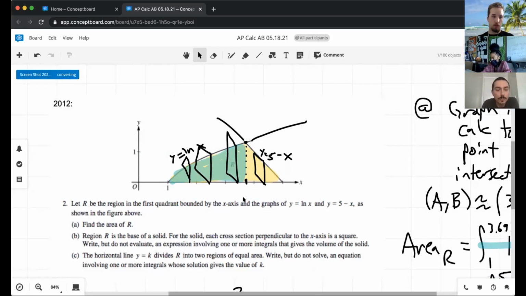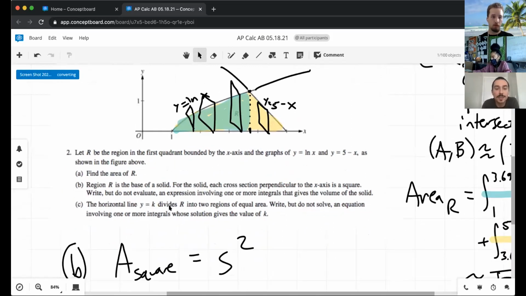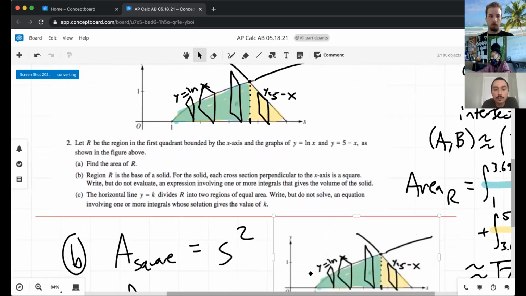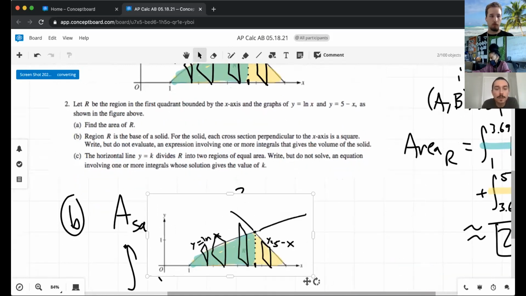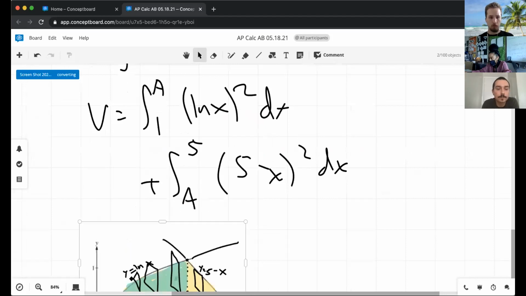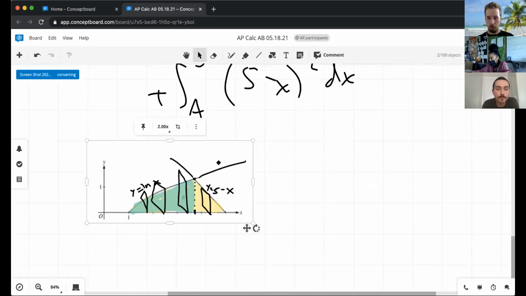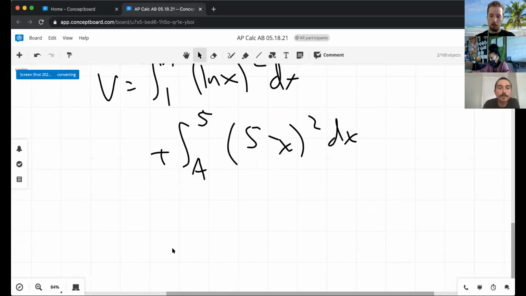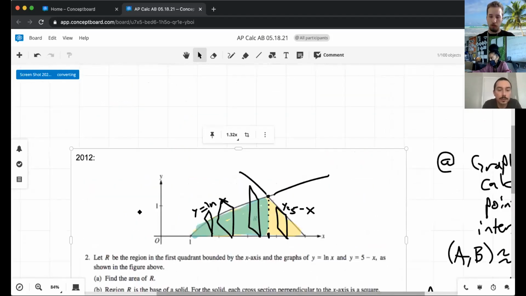So for part C, we want to find the horizontal line y equals k that divides the region into 2 equal regions. We don't need to find this integral, but we want to find the value of k. Sorry, technology.